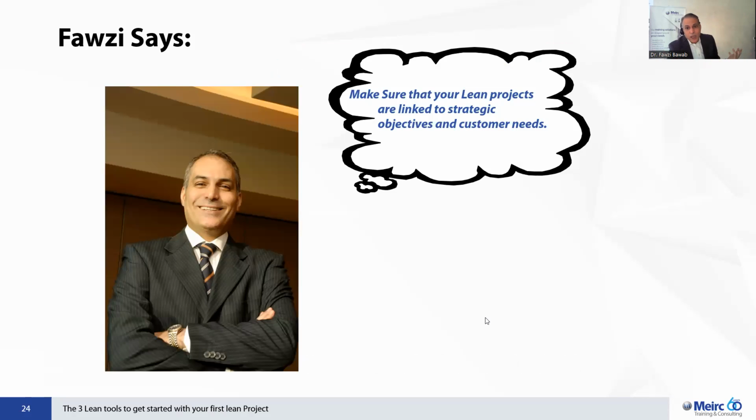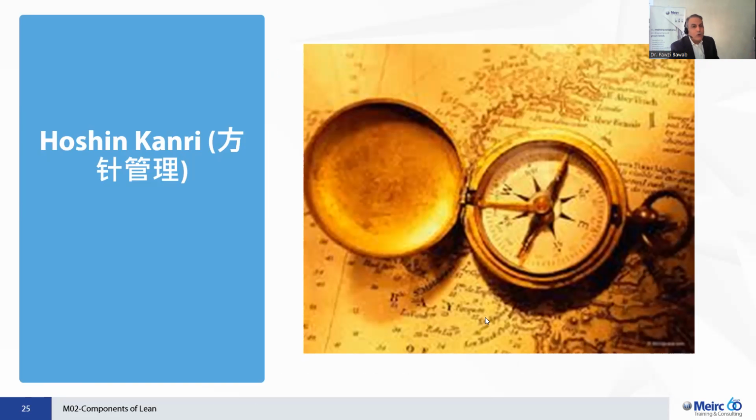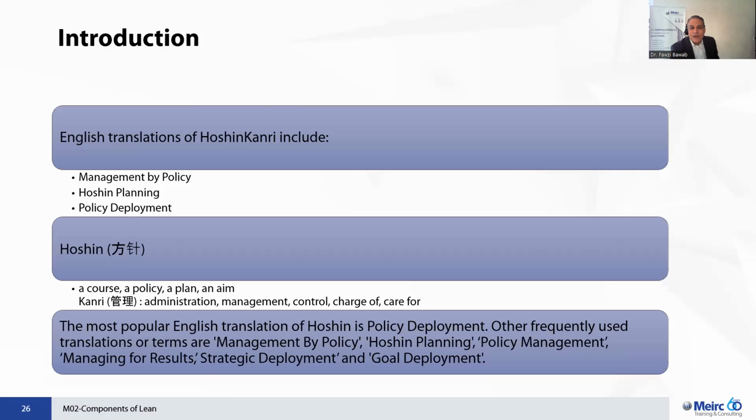There is a tool. It comes from the two words here, Hoshin Kanri, which means policy deployment or strategic direction, some people call it. It is a tool that basically links your strategic objectives with the lean projects that you intend to do. This is the direct translation, management by policy, a plan, but in essence, it's a template, it's a tool.